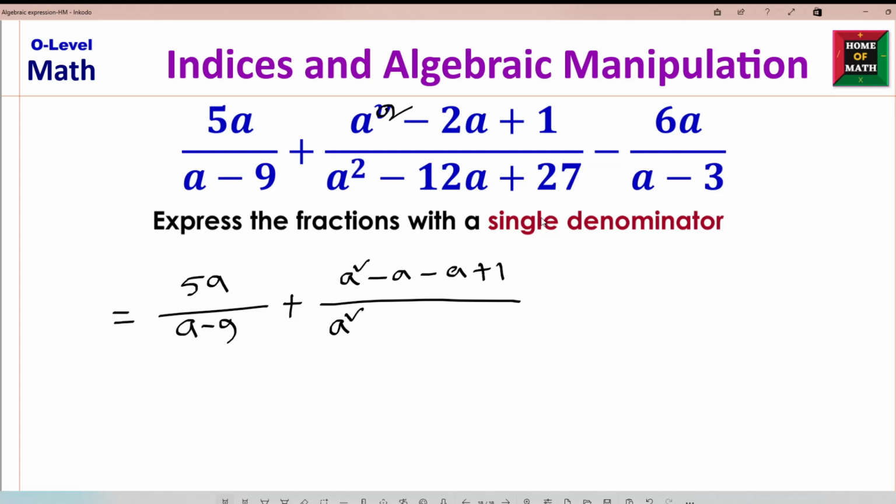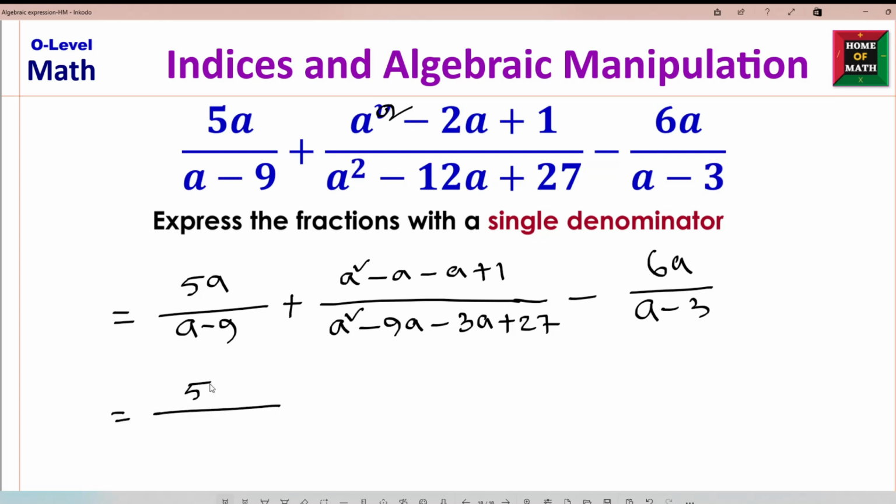Look, 27 we can express like 3 into 9 means 27, and 9 plus 3 means 12. So we can write a square minus 9a minus 3a plus 27, minus 6a divided by a minus 3.